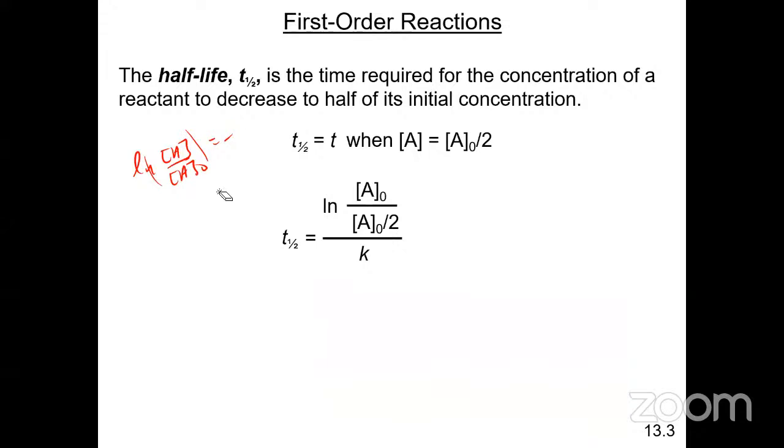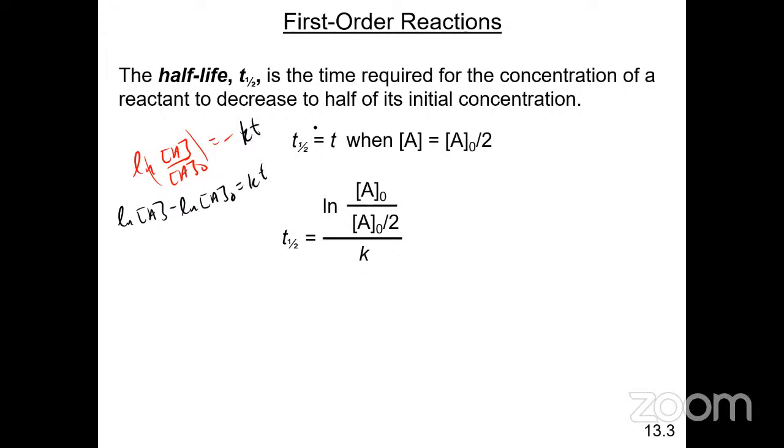And by the way, you should recognize that this equation is the same thing as ln concentration of A minus ln the initial concentration of A equals minus KT. So these are just two different ways of saying the same thing.